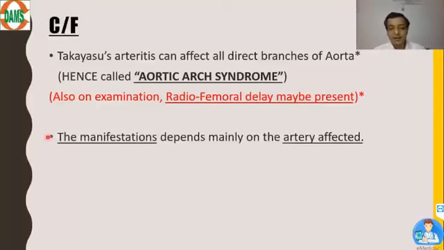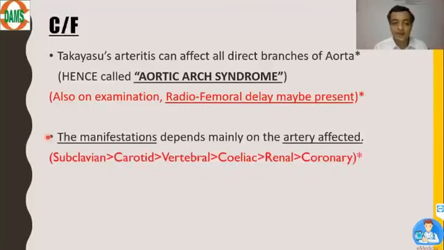We have already learned that point. So please remember the anatomy: Takayasu's can affect all direct branches of the aorta. One by one, we will enumerate the artery and the corresponding symptom.